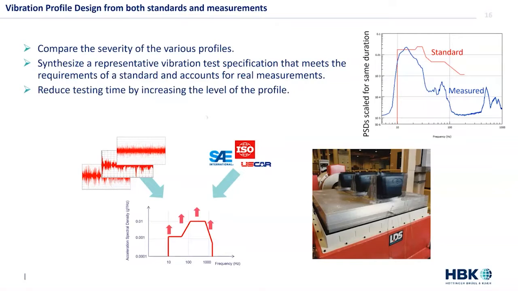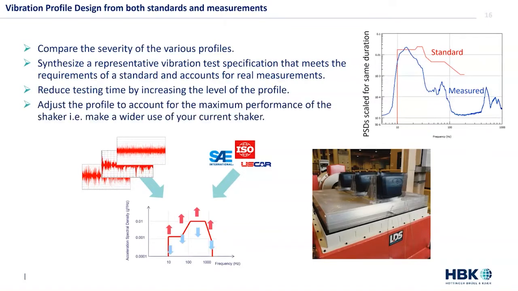So that's also an option in the software, or the opposite way around. Like if your shaker has limited characteristics, you may want to adjust the profile the other way around, make your test longer, but with smaller levels, so that you account for the limited capacity of your shaker, right?